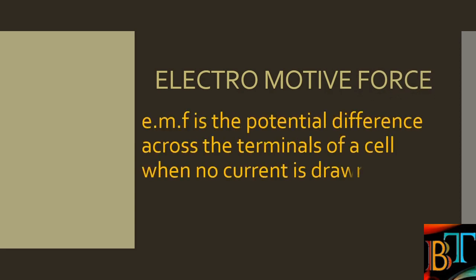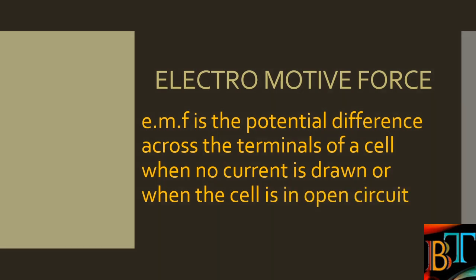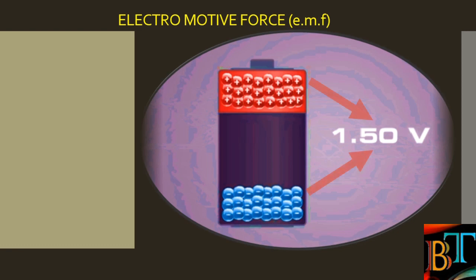Thus, EMF is the potential difference between the terminals of a cell when no current passes, or the cell is in open circuit. Let us go more deep into it. Every cell is capable of creating a potential difference when it is made.